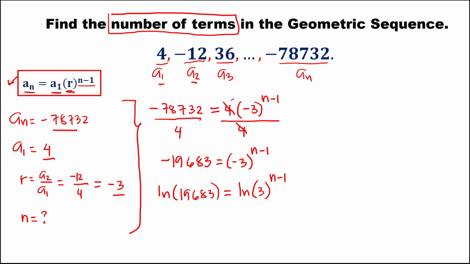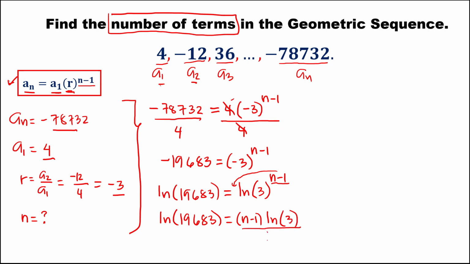Then using the power property of logarithm, we have ln 19,683 equals, for the power property, this exponent is placed before ln, so this becomes n minus 1 times ln of positive 3.